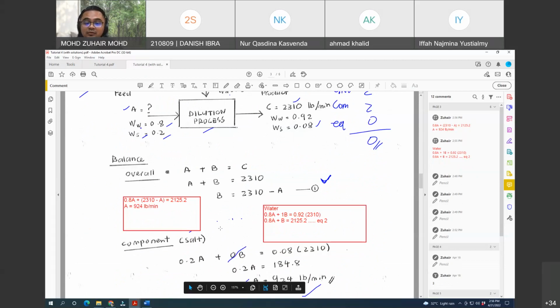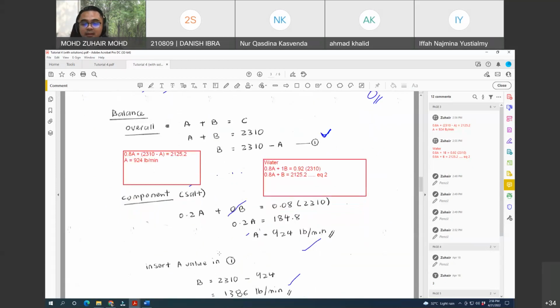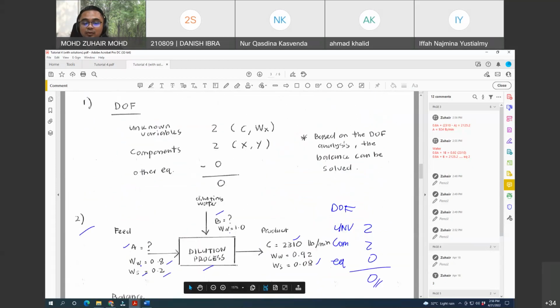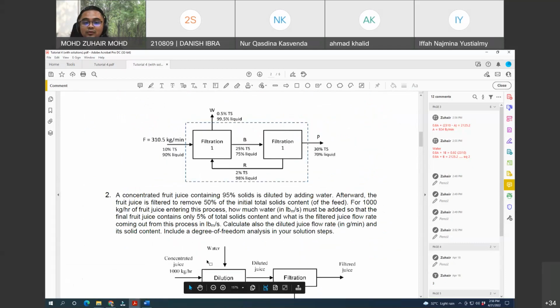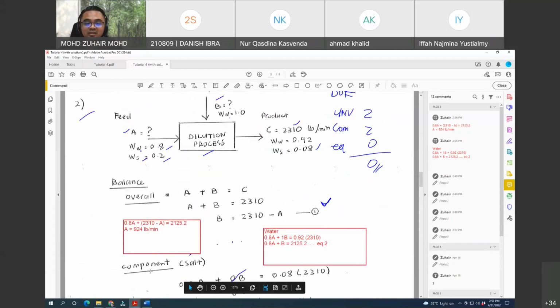Either way, we can just solve regardless whether you choose the longer step or the shorter step. The final answer will be the same. Okay, clear? Okay, so this is for question 2. Okay, so now we are going to solve question 3.